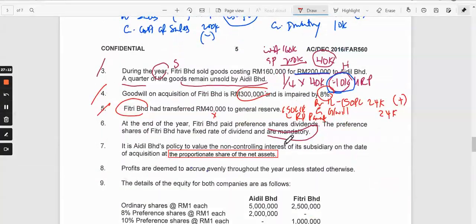So what will be reported by the parent as part of the group general reserve being transferred from the profit to the general reserve would be 40,000 times 70%. So 28,000 will have to be deducted in the retained profit of Fitri, the retained profit of the parent, or the group retained profit.